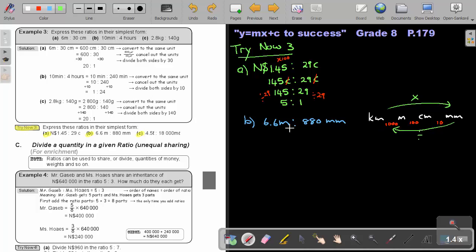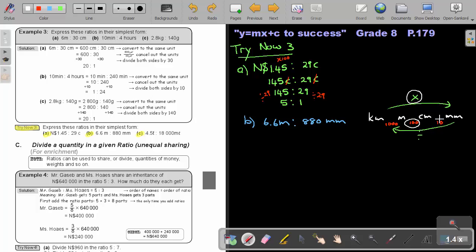So basically, I must go from meters to millimeters. So I must multiply by 100, multiply by 10. Can you see? Let me just circle it.